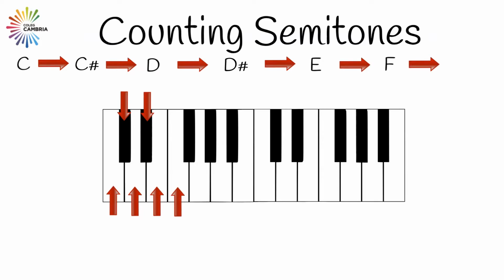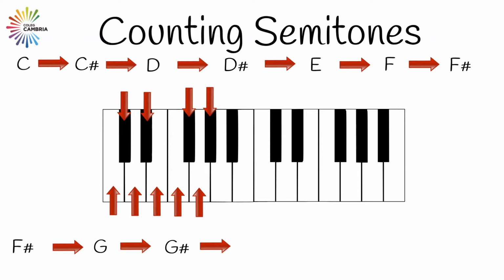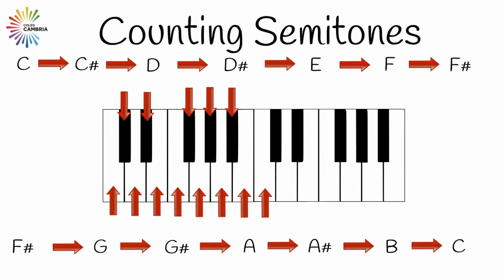F goes up to F sharp, another semitone, F sharp up to G, up another semitone to G sharp, up to A, up to A sharp, up to B, and then again between B and C there is no black note, so that's a semitone from B to C.